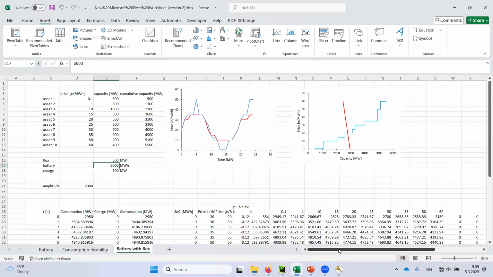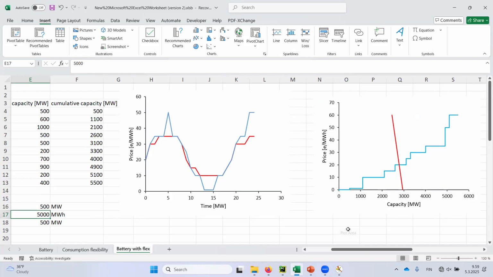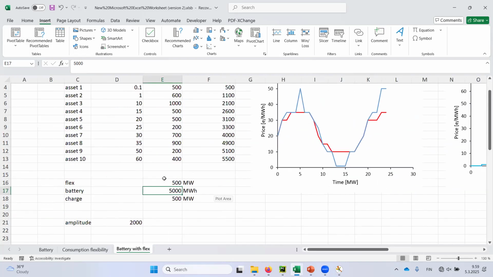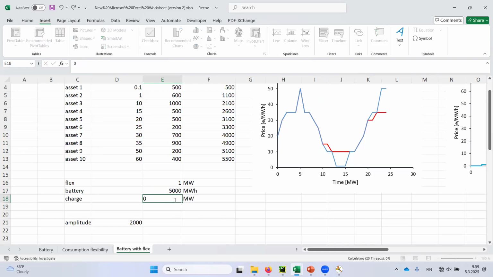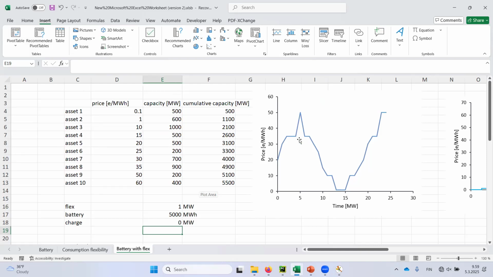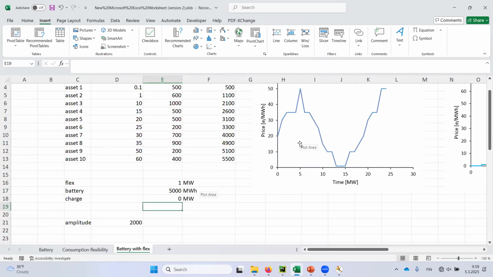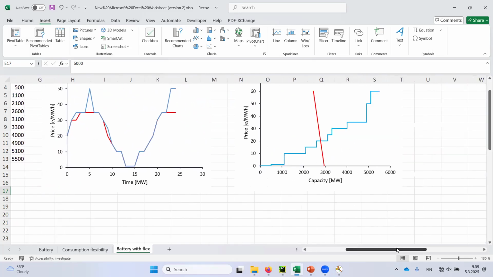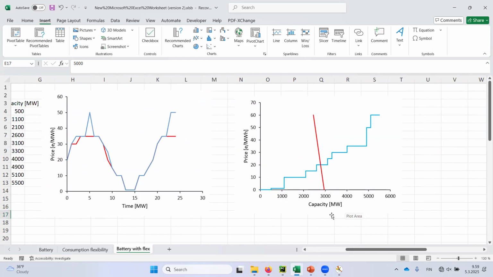If we include both battery and this flexibility, so let's put flex to 1 and charge to 0, and now it seems to be updating. So everything is just based on the merit order in here. We increase the flex, so it decreases the peaks because there are consumers that are willing to tone down their consumption.